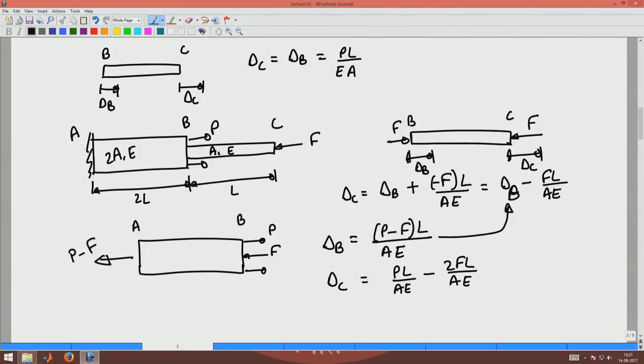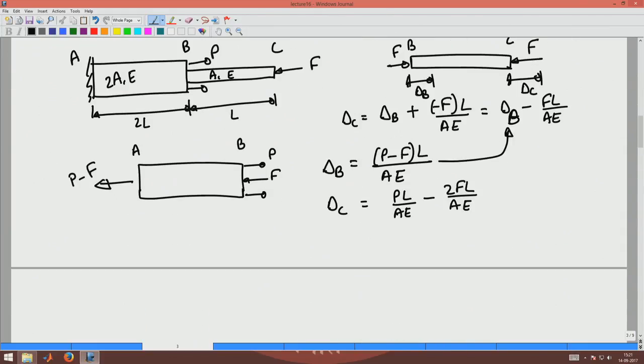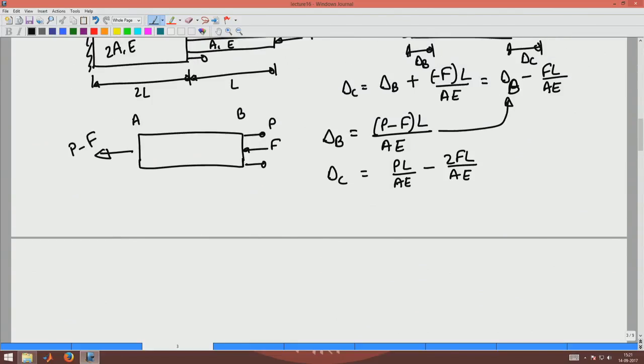Now, let us assume that C is not free to displace, but I have a boundary at a distance delta from C. Let us assume that C is limited to displace only by a certain amount delta. That is, this is problem 3 that I am looking at.